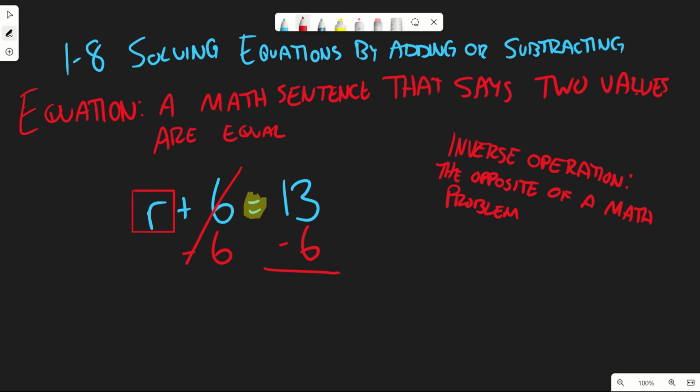So now, 13 minus 6, well, that's 7, equals, over here, I still just have this value of r, and now I know r equals 7. That's algebra right there. That's solving these equations to get ourselves a value. We do the opposite of what we're told, and then we get the number we're looking for.